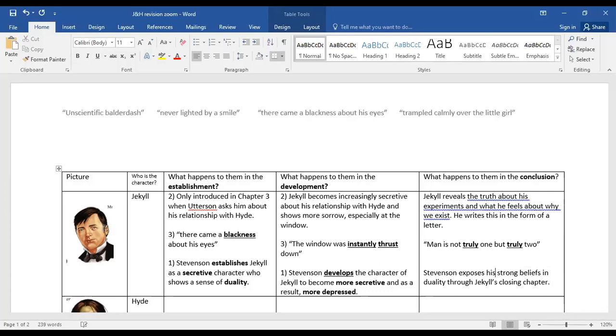And I would say he exposes his strong beliefs in duality, because ultimately Jekyll is acting on behalf of Stevenson. So you could argue a great word to use for that is mouthpiece. So you could say Stevenson exposes his strong beliefs in duality through Jekyll's chosen, with Jekyll acting as his mouthpiece.